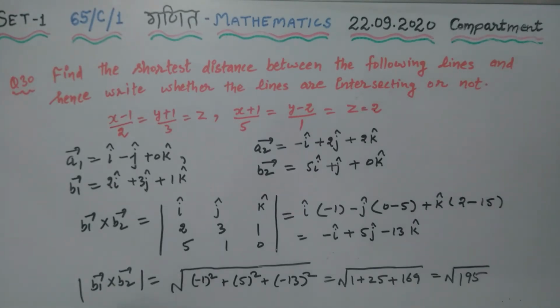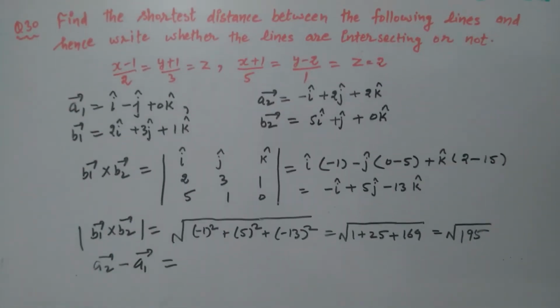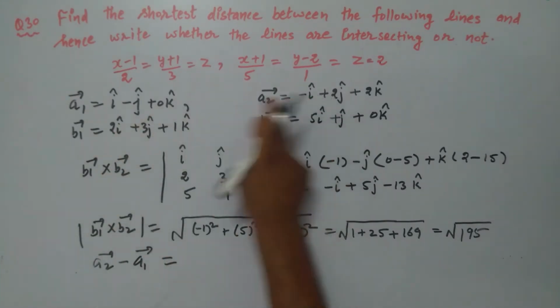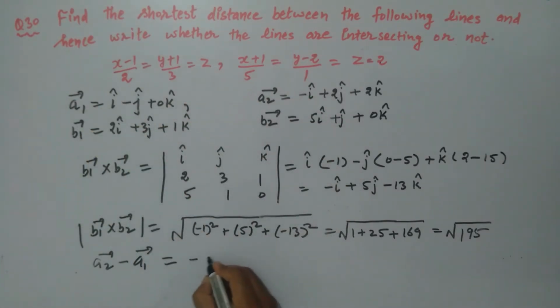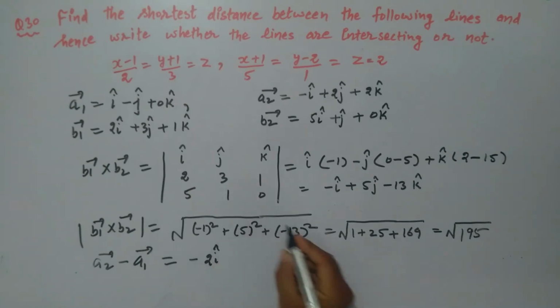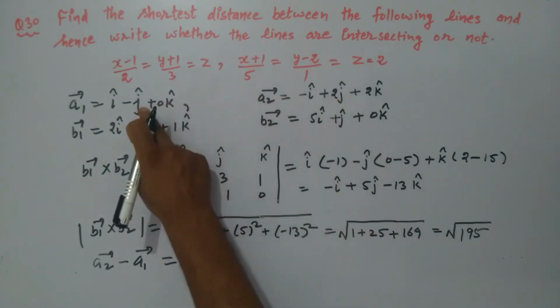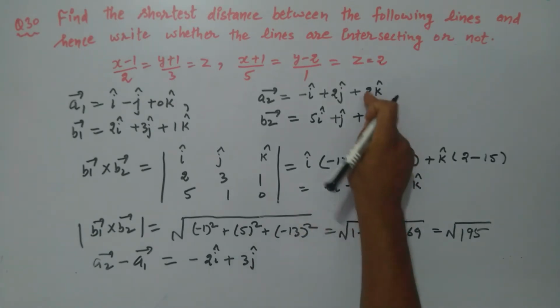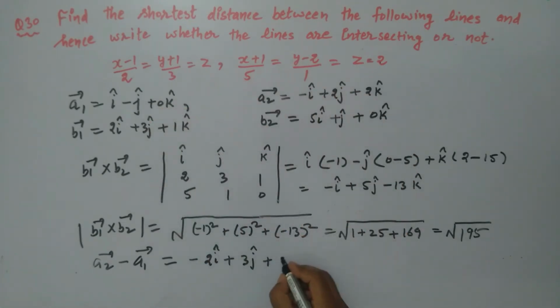Similarly, what is a2 minus a1? This is equal to (minus 1 minus 1) that is minus 2i, (2 minus minus 1) that is plus 3j, (2 minus 0) that is plus 2k.